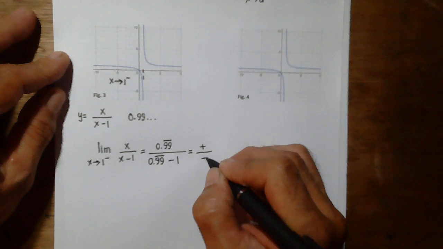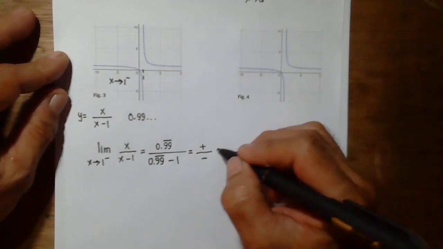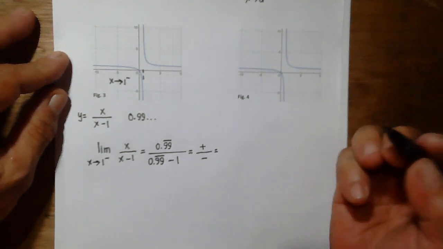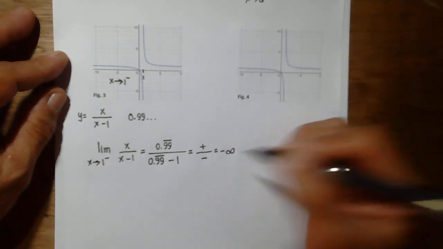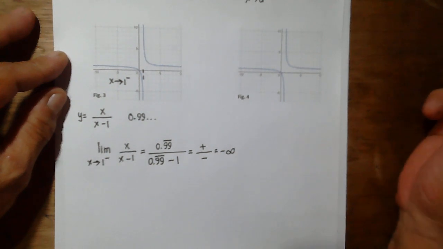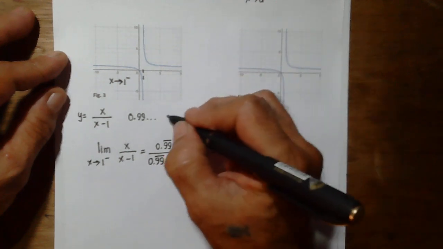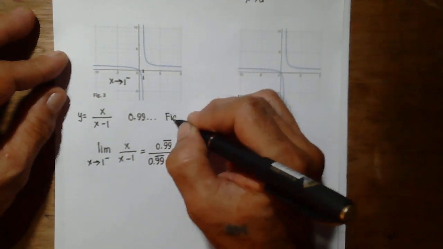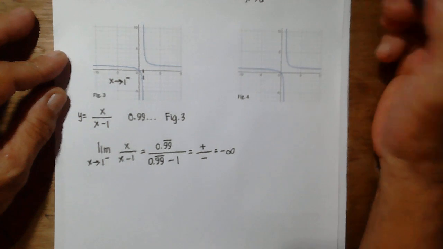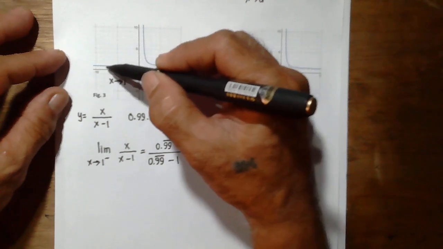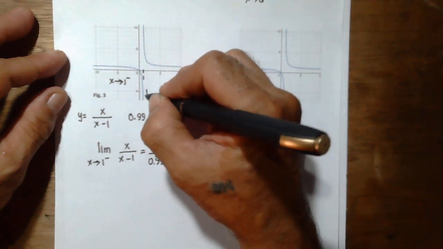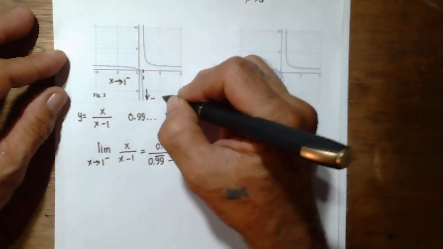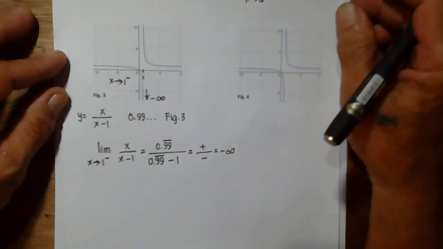We get a negative number. And so the limit value is negative infinity. Okay? And this is from figure 3. As suggested by figure 3, here it is, the value approaches downward, and that is negative infinity.